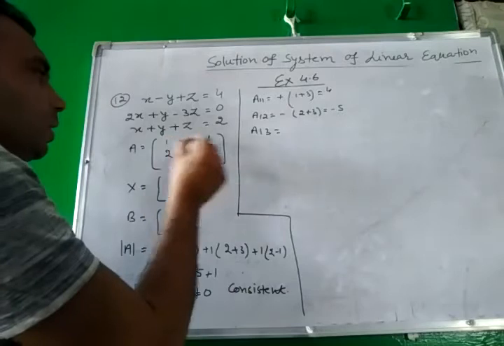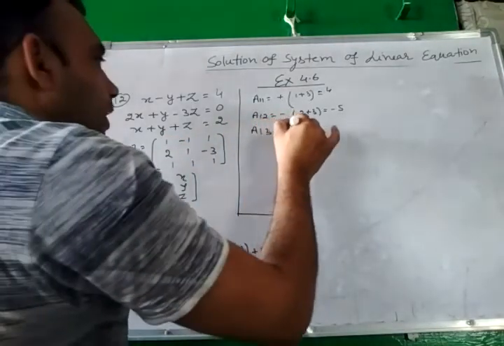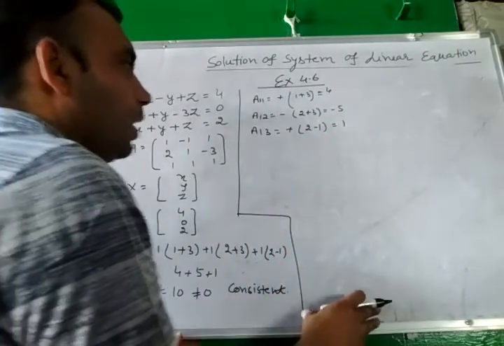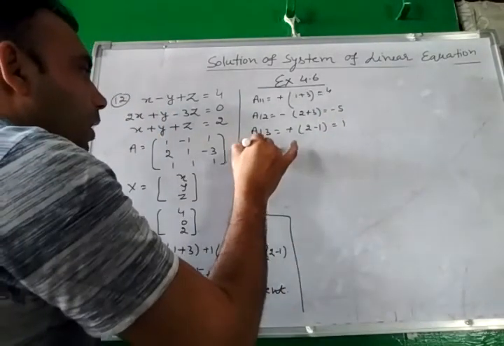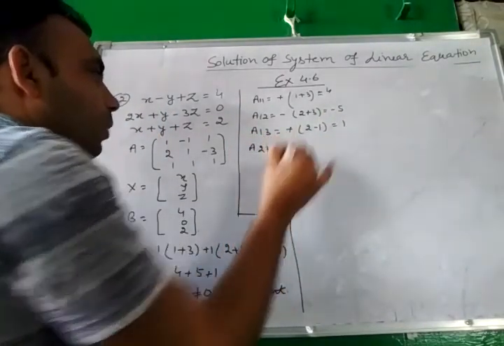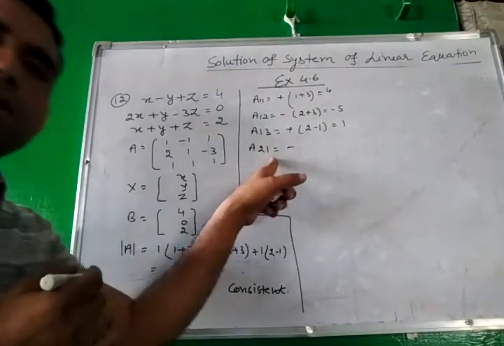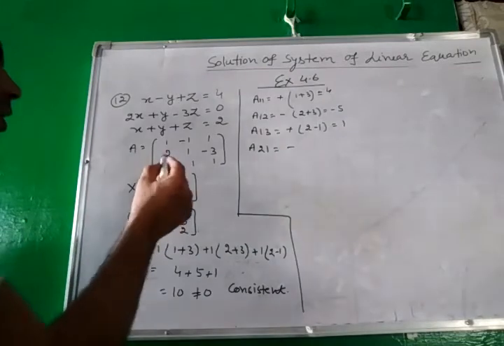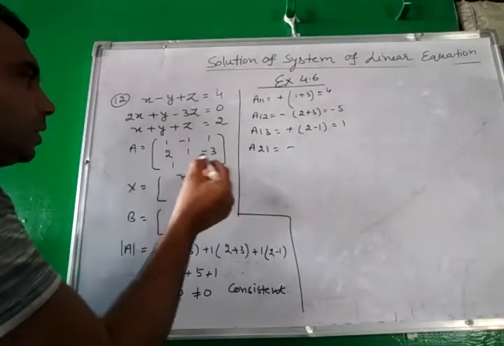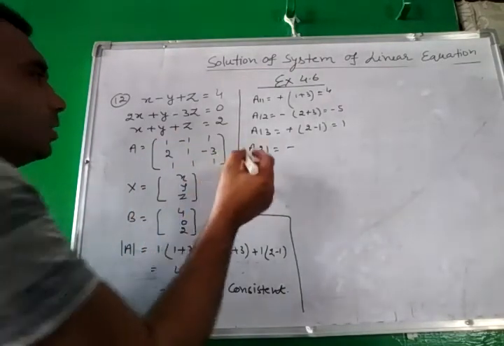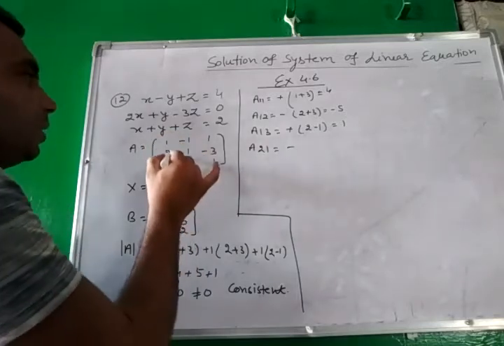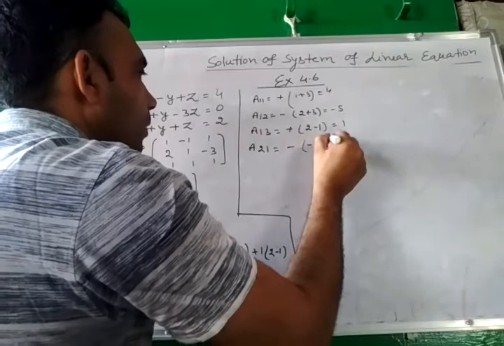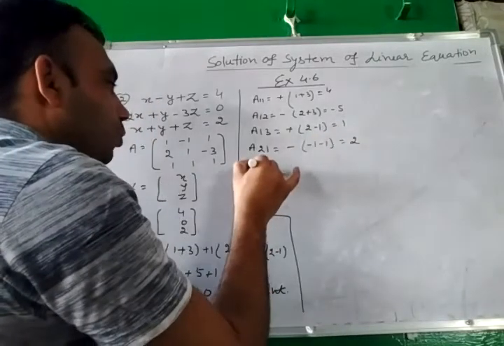A13: leaving this row and column, 1, 2 minus 1 implies 1. Again A21: sum of 2 plus 1 is 3, and minus 1 to the power 3 gives minus sign. Leaving this row and column: minus 1, minus 1, minus 1, minus 1 implies 2.